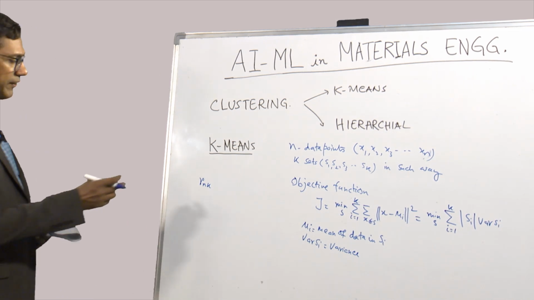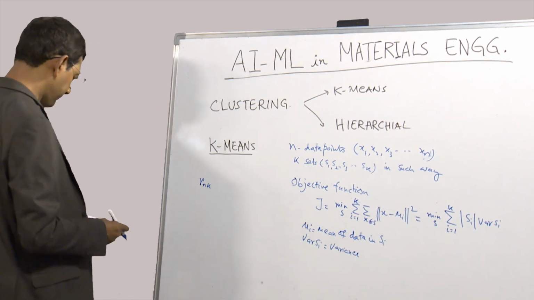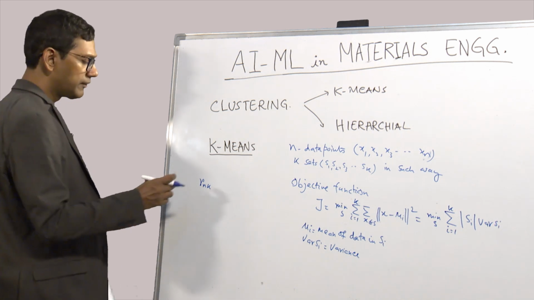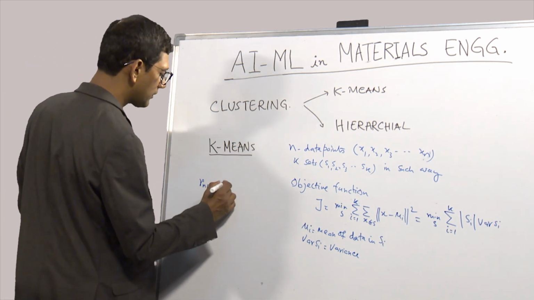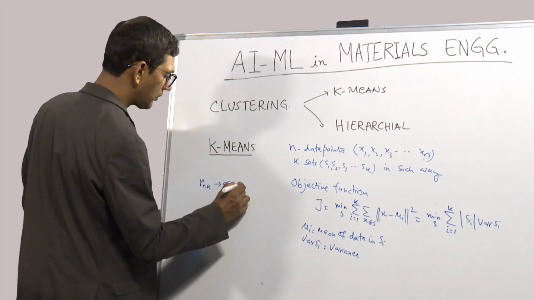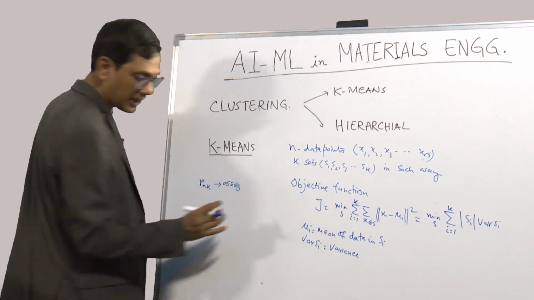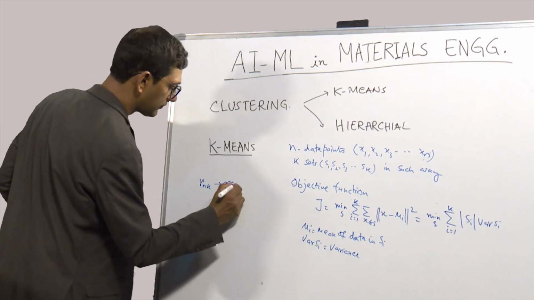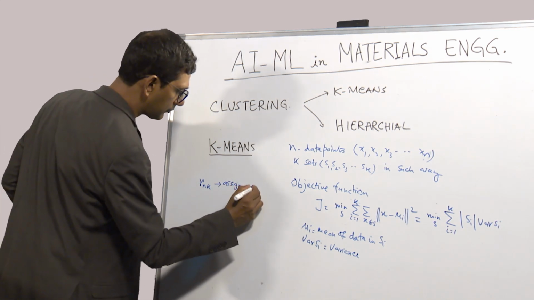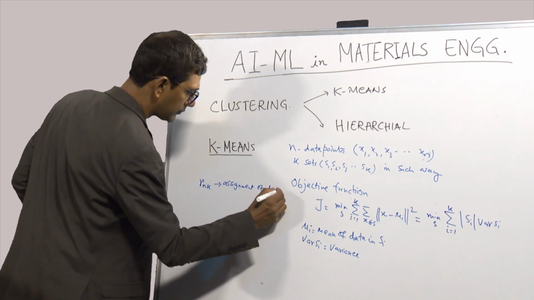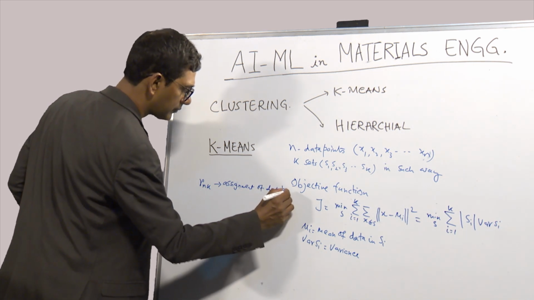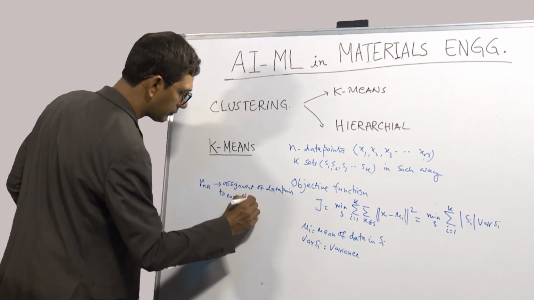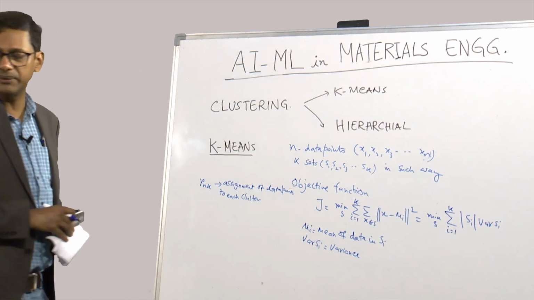It is convenient to define a new variable r nk, assigned for the data points, for the assignment of data points to each cluster. Basically, it will help mathematically to solve this problem.